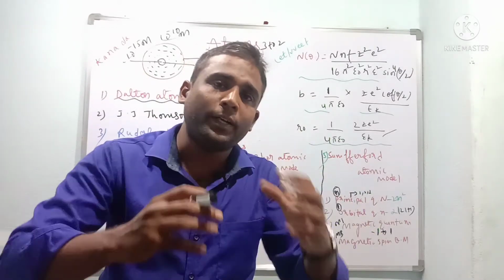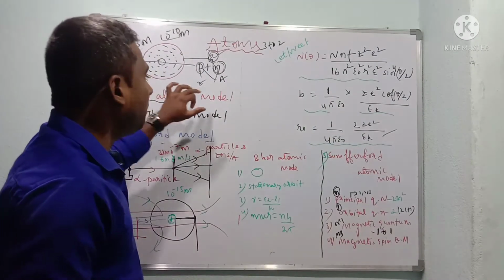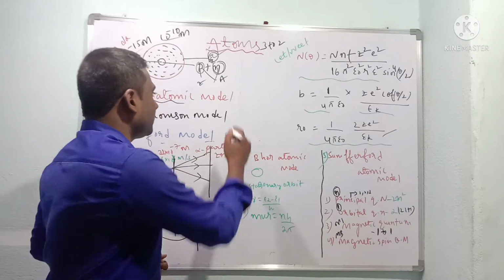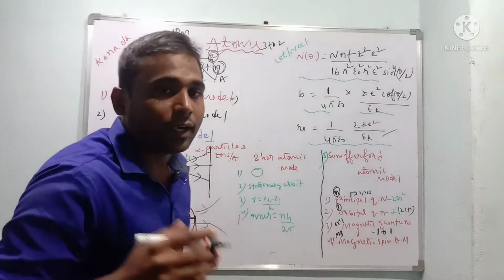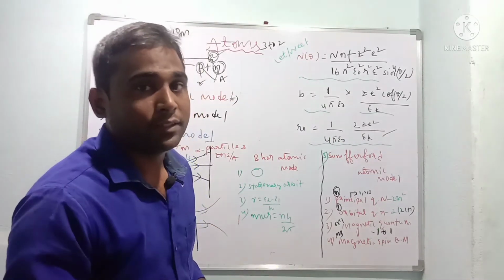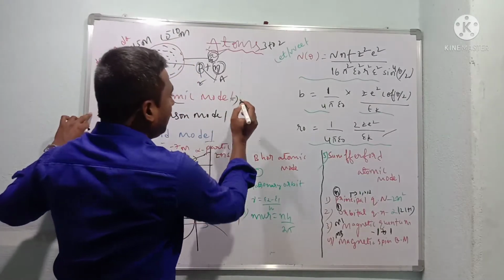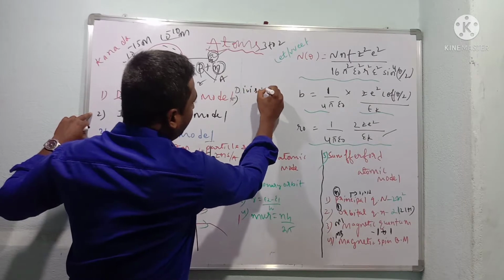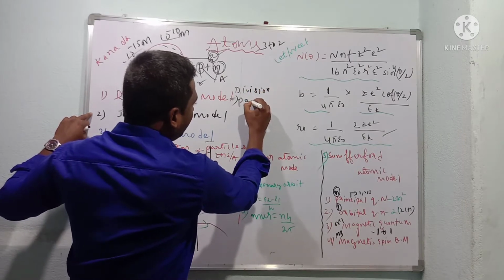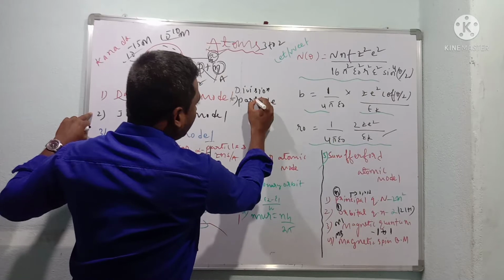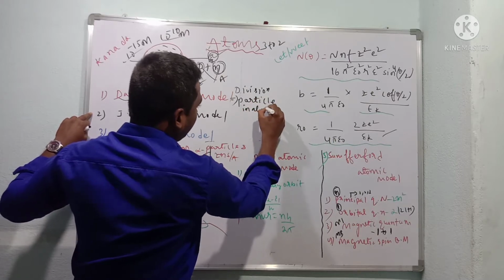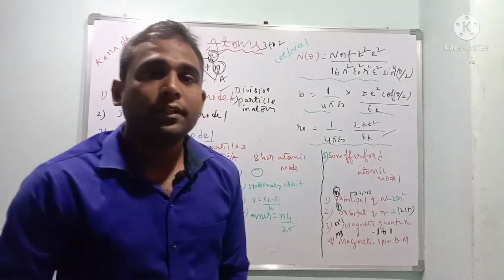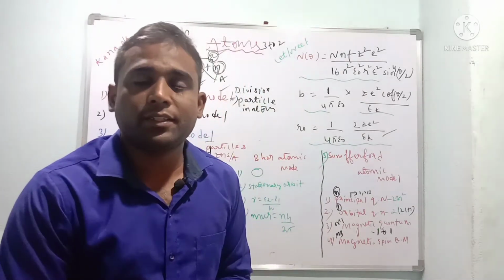This was explained, but he failed to explain that the atom also can be divided. He had not given information about the division of particles in the atom. So he failed. Later on, the atom was divided.